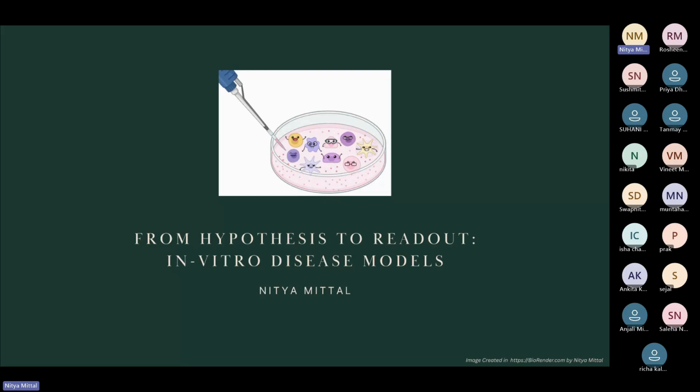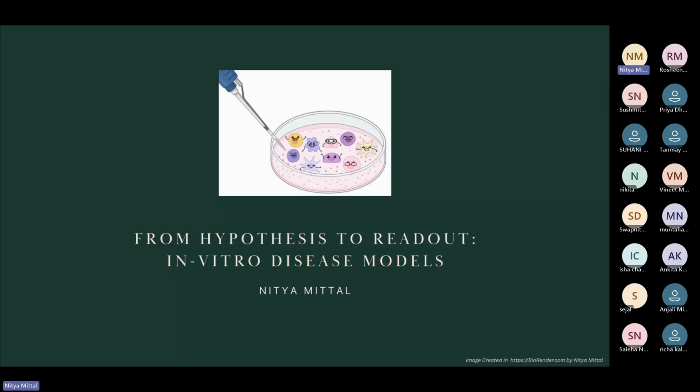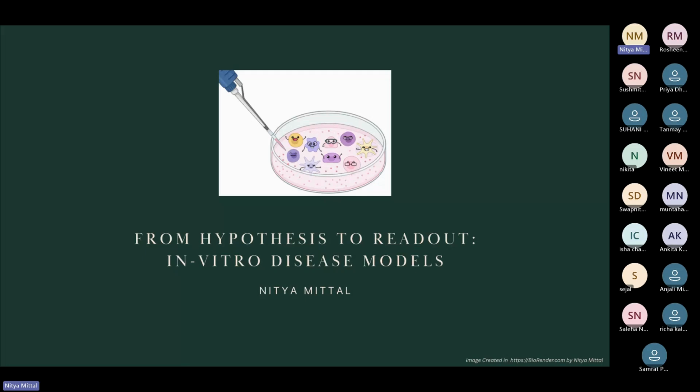We'll start with what makes a good disease model, and then we'll move on to how to design backwards from what your phenotype would be, and then look at some trade offs between realism, throughput, and cost. And then at the end, we will focus on how clean data practices today prepare you for an AI driven biology for tomorrow.